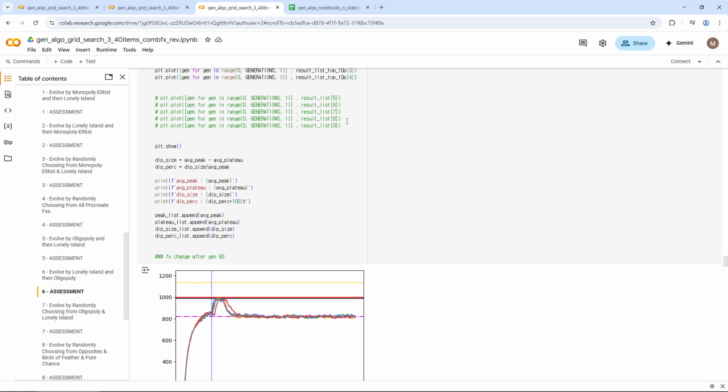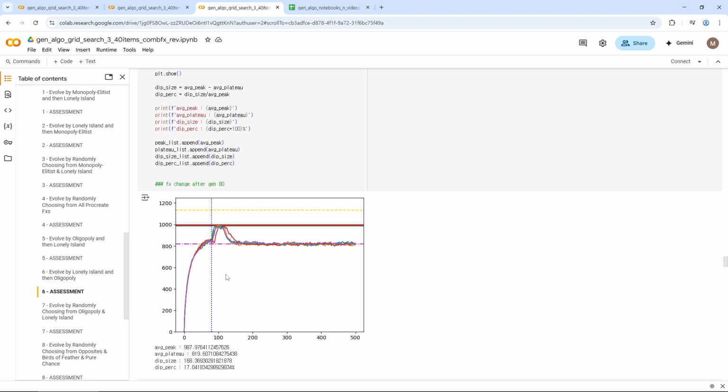Here are the plots for the top 10%. Again, a huge leap upwards, a huge leap. Almost just as soon as we changed it to oligopoly, and then sadly we fall back down, only to plateau.